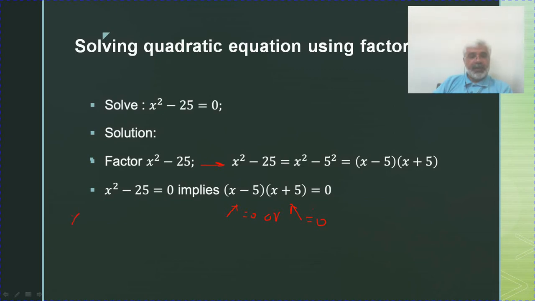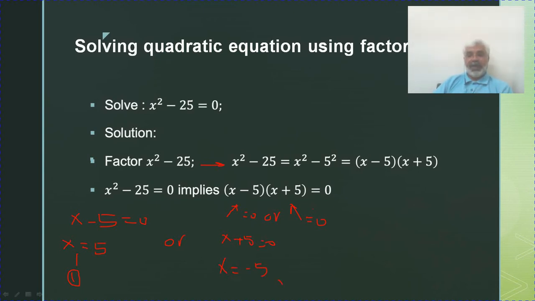So I'm going to write it like this: either x minus 5 equals 0. Just shift minus 5 to the right, so the first solution is x equals 5. Or x plus 5 equals 0. Shift 5 to the right-hand side, then x equals minus 5.